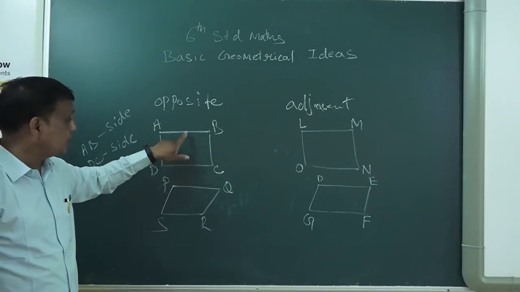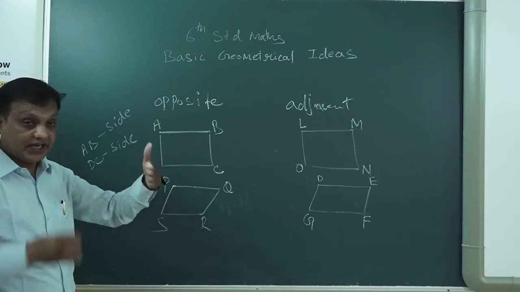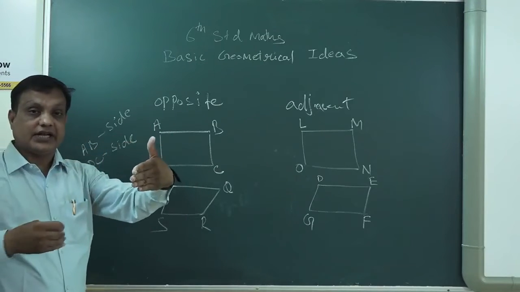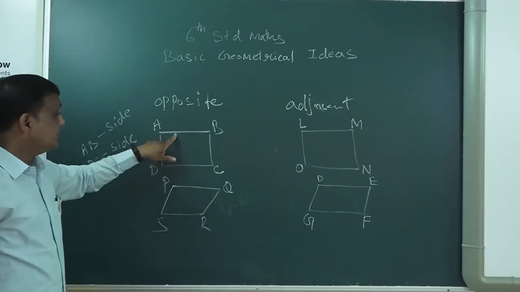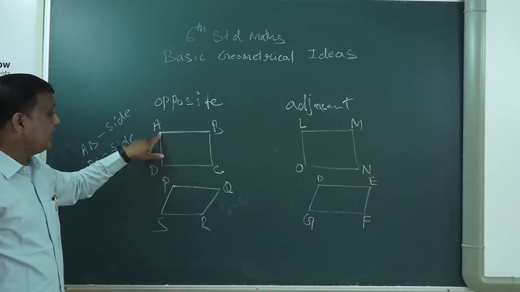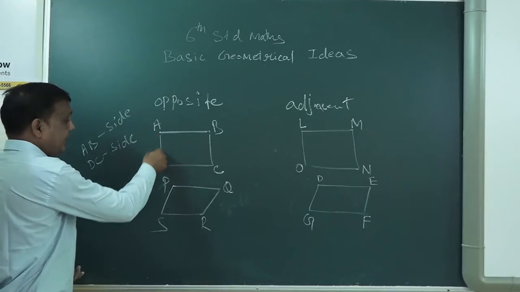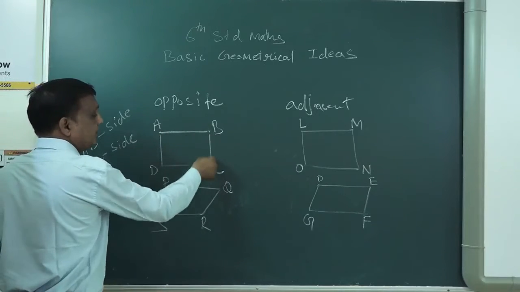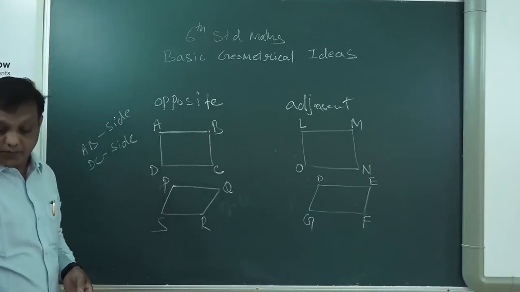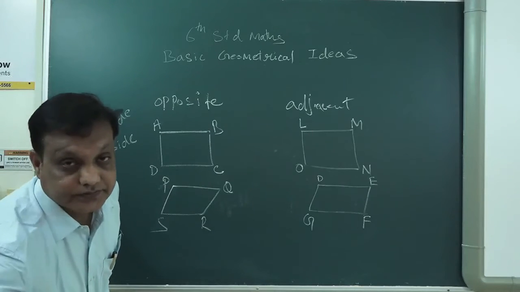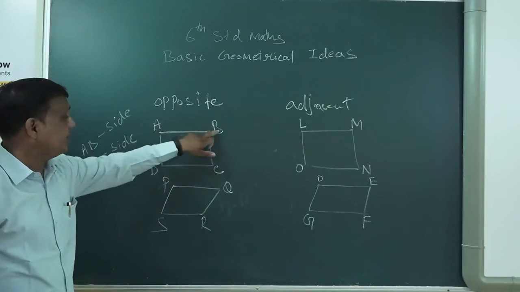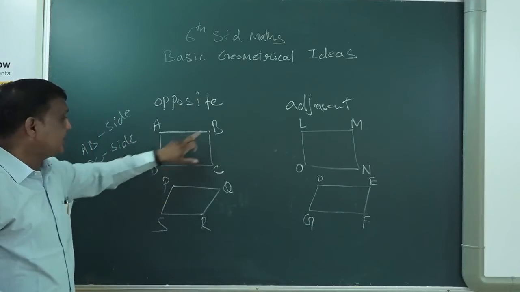Opposite means आमने सामने, which are in front of each other. So AB is opposite to DC, and AD is opposite to BC. Here we are talking about the sides.